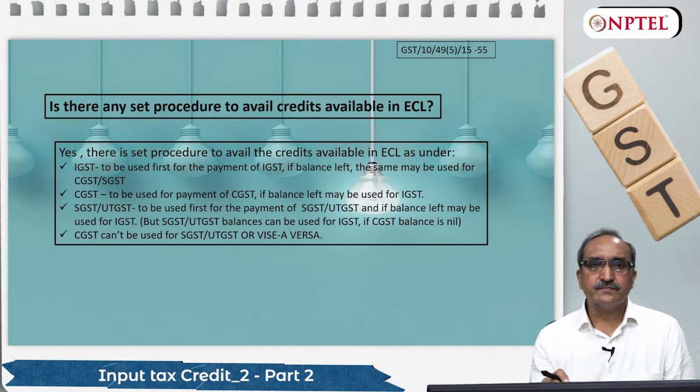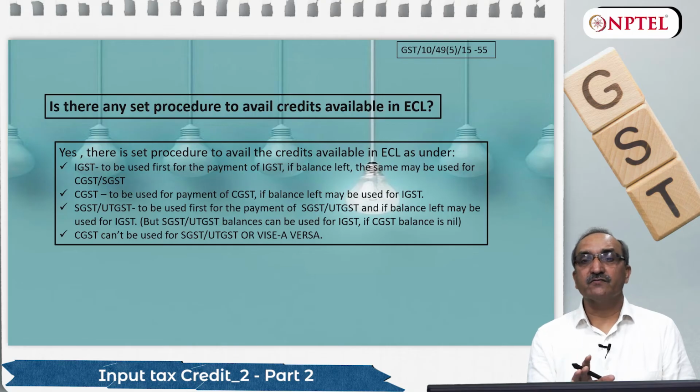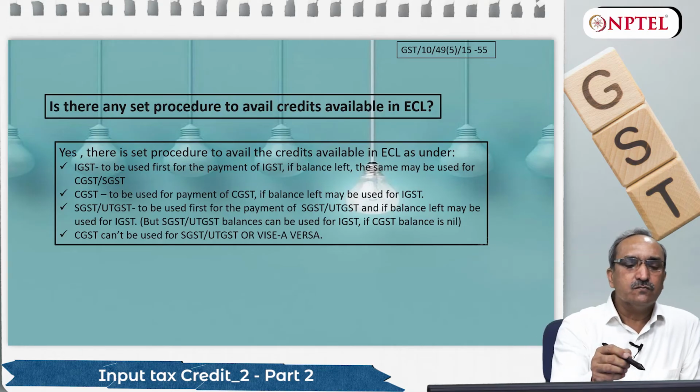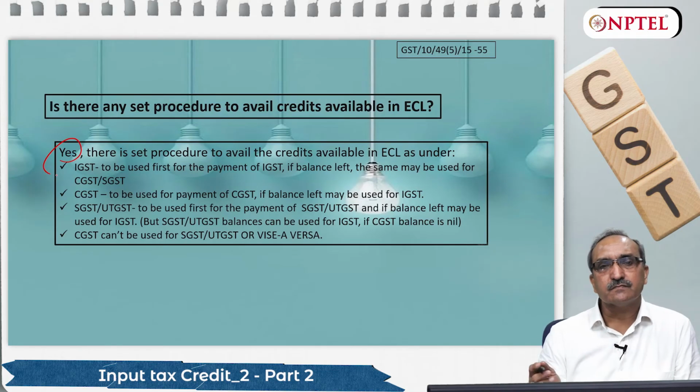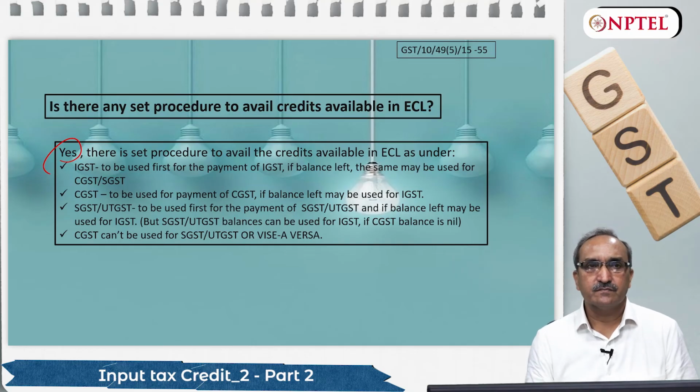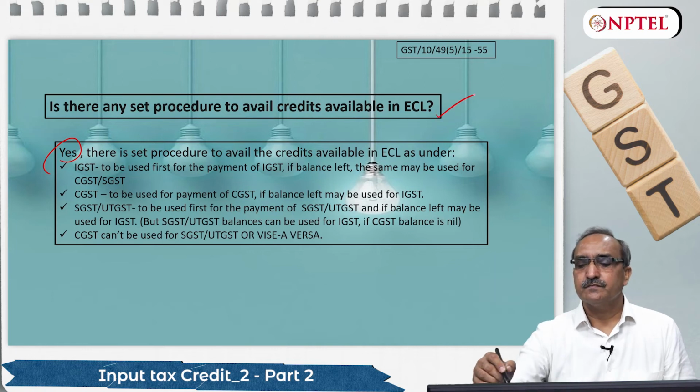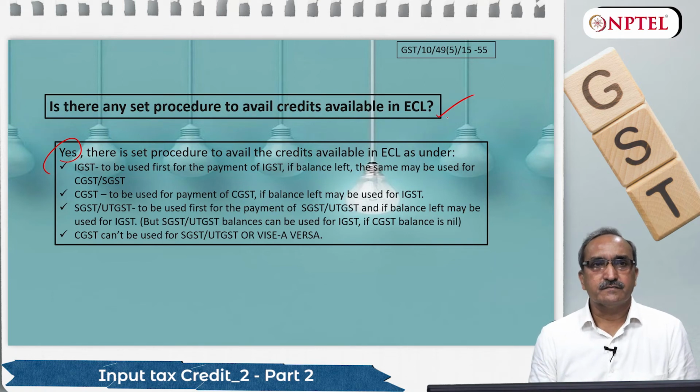So, friends, I mentioned earlier also that in GST everything is very clear, transparent, in a set system, and we have to follow that set system for dealing with business transactions when complying under the GST law. Yes, there is a set procedure to have ITC benefit and to use the electronic credit ledger.